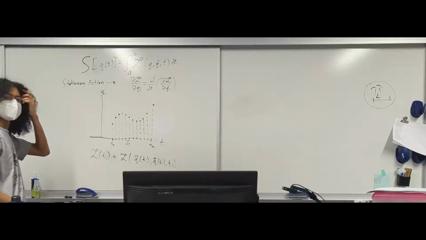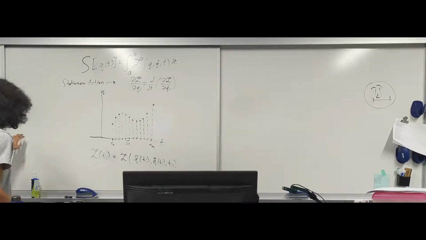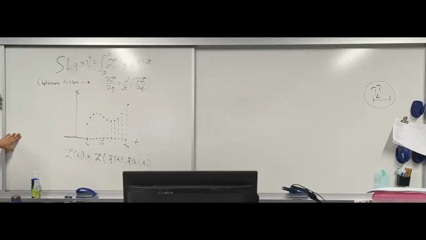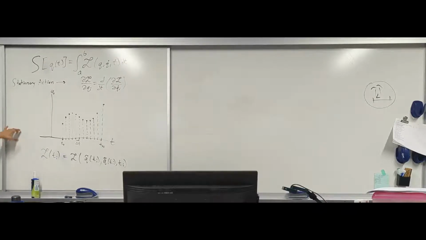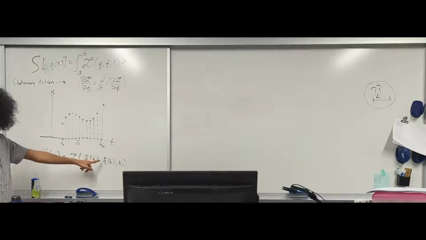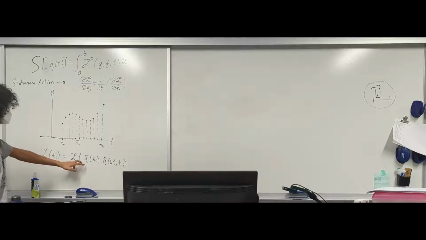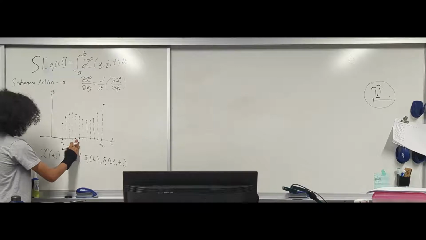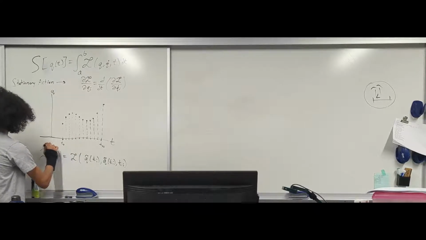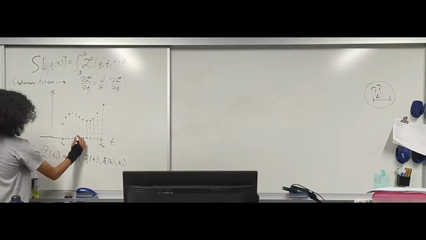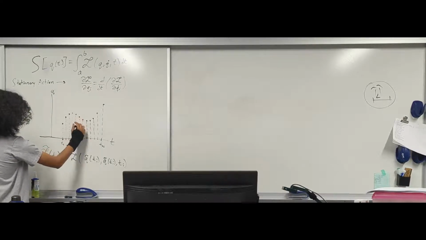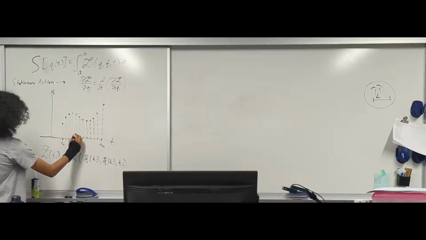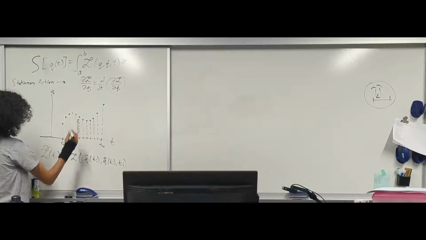So this tilde here I'm using to denote the averages. The idea is that within this one time interval, we want to get an idea for what the average of the Lagrangian is in this interval here.